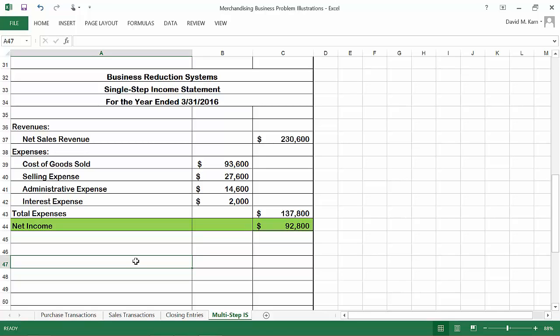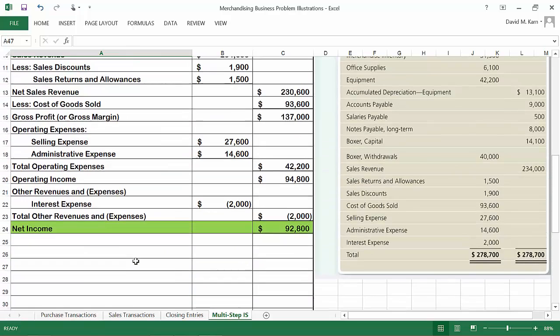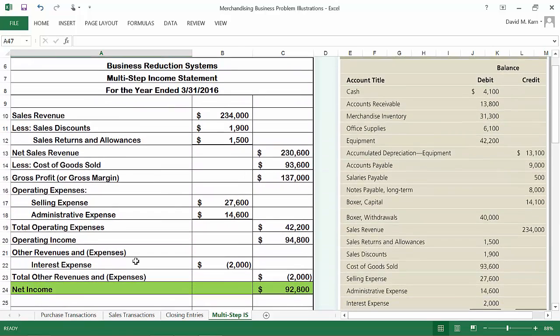That's it. So you can see how you would take out your COGS, your selling, your administrative, and your interest to get total expenses of $137,800. You subtract that from net sales revenue of $230,600, and that's what you get, the $92,800 there.